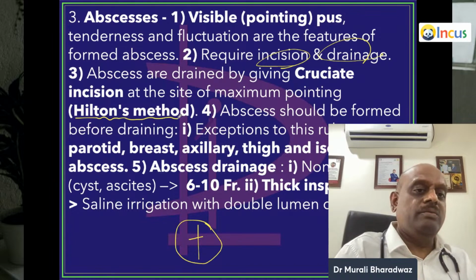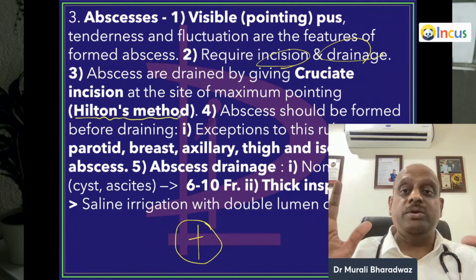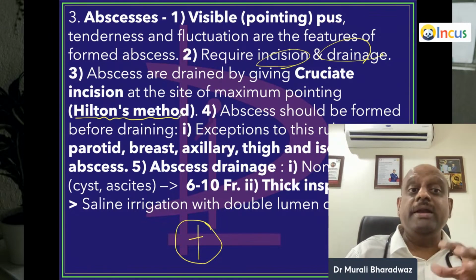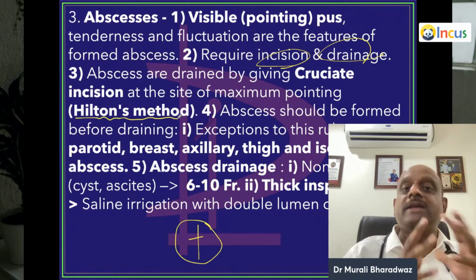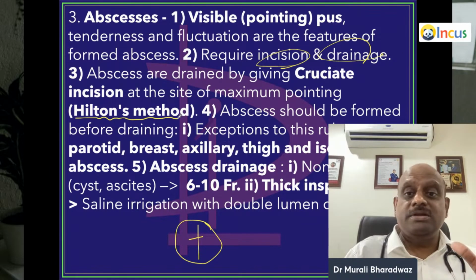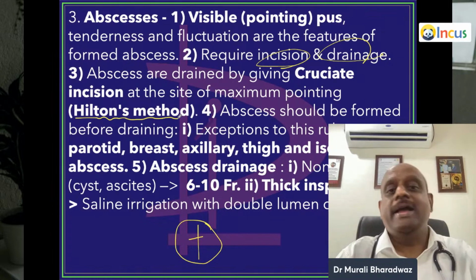And what are the exceptions where an abscess needs to be well formed for you to drain? Exceptions are parotid, breast, axillary, thigh, and ischiorectal abscess. These abscesses are drained only when fully formed.